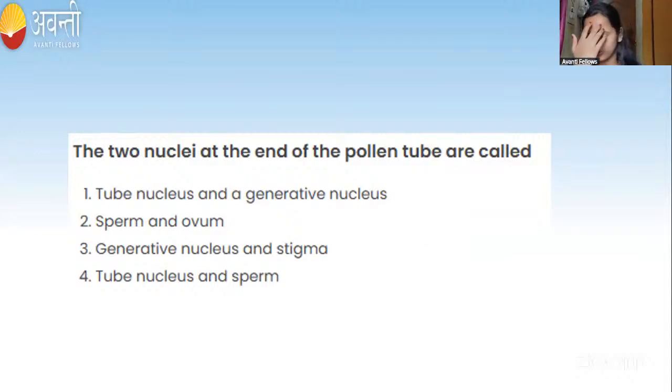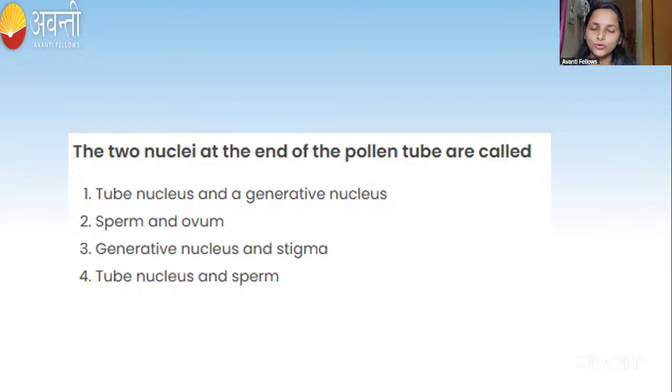I have one more question for you guys. What is this tube nucleus actually? If you know, you can tell me. Is the tube nucleus from the generative nucleus or from the vegetative? We studied two nuclei there, right? In the pollen grain, there are two generative and one vegetative in the three-cell stage, whereas there is one vegetative and one generative in the two-cell stage.